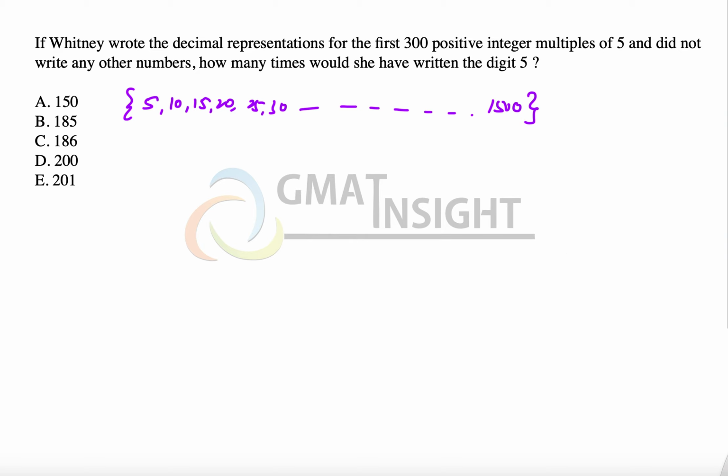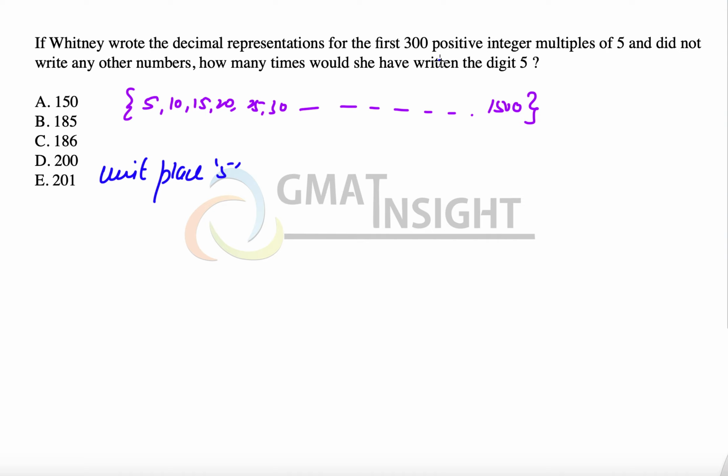Right, so the digit 5 will come sometimes at the unit place, sometimes in the tens place, sometimes in the hundreds place, and never at the thousands place, because we have to write the numbers till 1500, and the thousands place will never be a 5. So at the unit place, let's quickly see how many numbers will have the unit place 5.